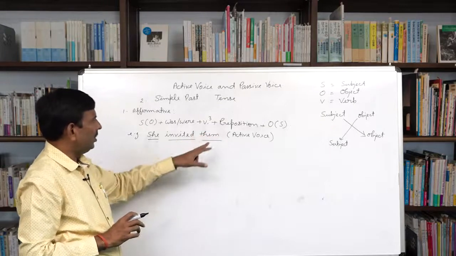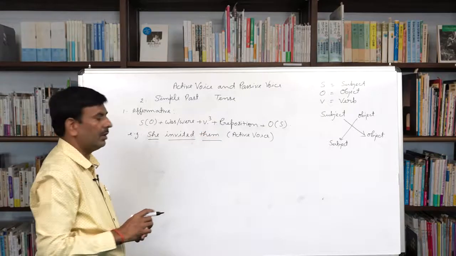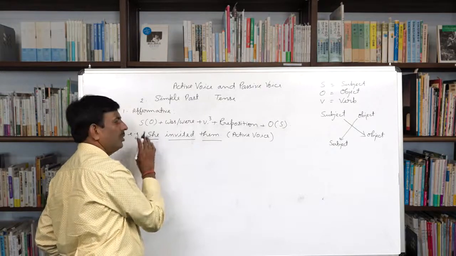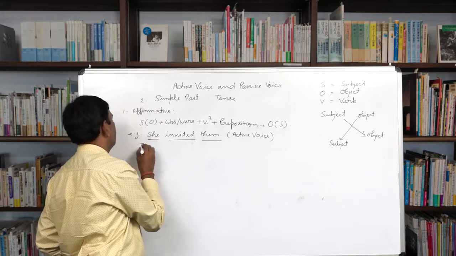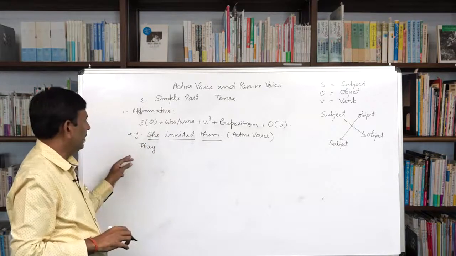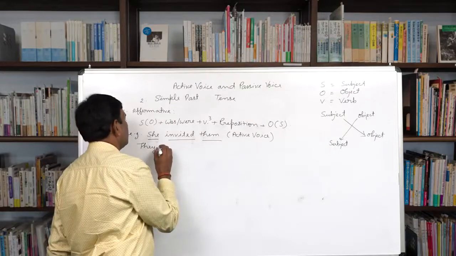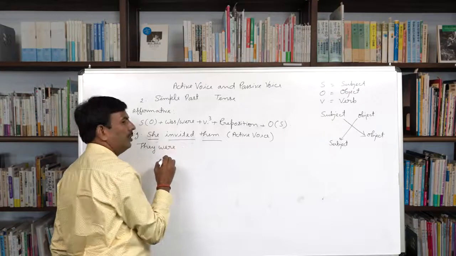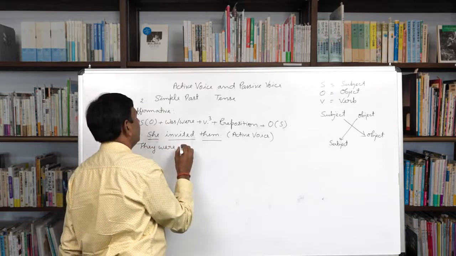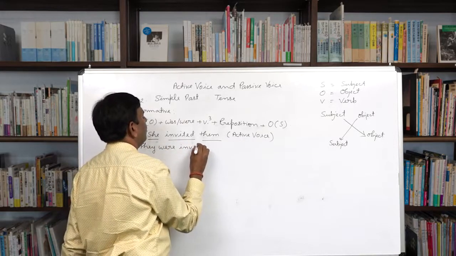Now you are going to apply this rule. So object will be changed over here into subject: They. This subject is plural, so linking verb were is to be used over here. After that, third form, invited.